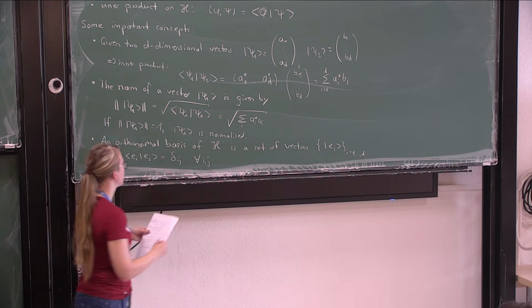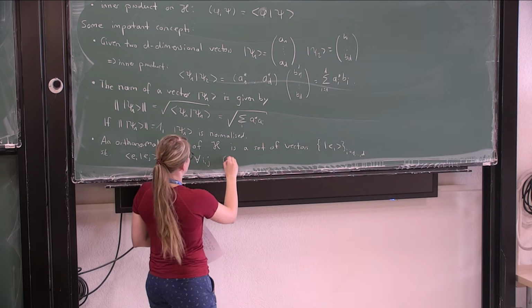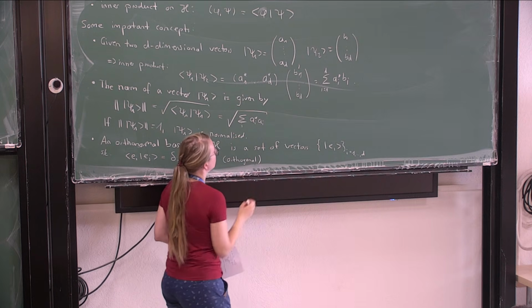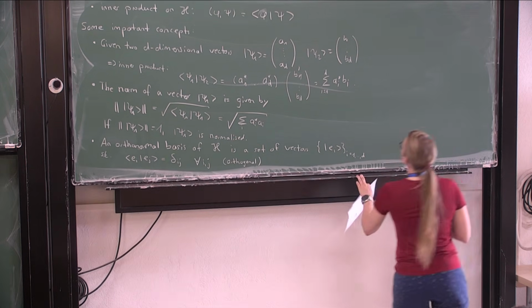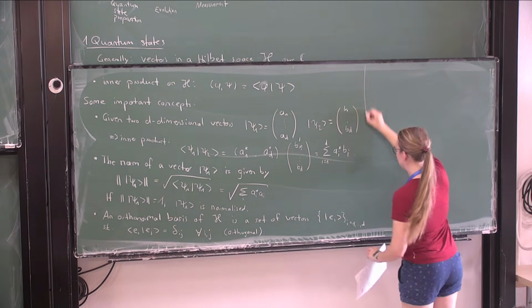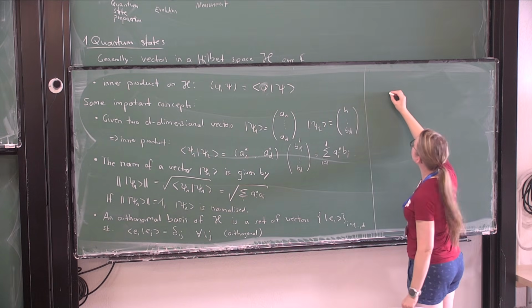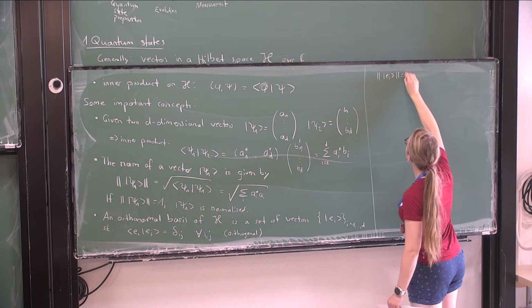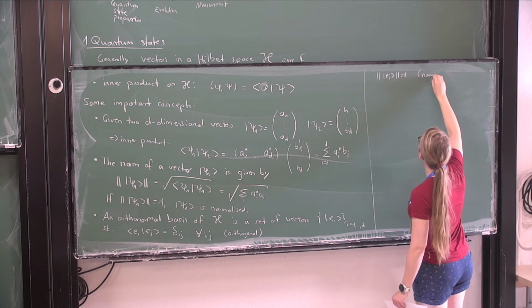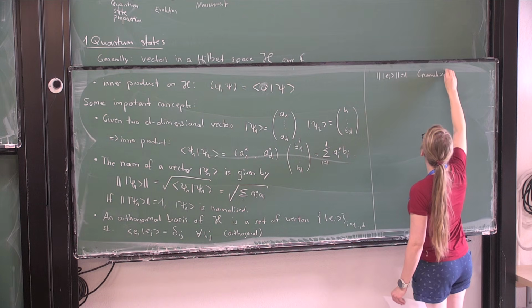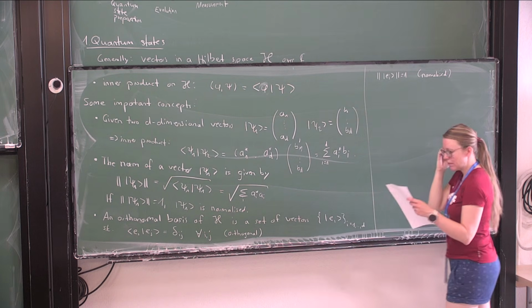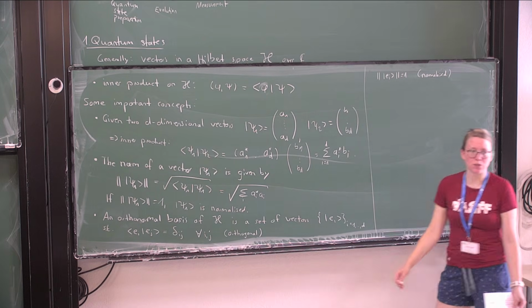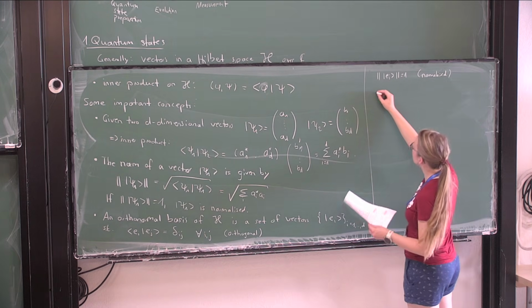They're normalized. And every vector in the Hilbert space can be written as a linear combination of them, so they span the Hilbert space.